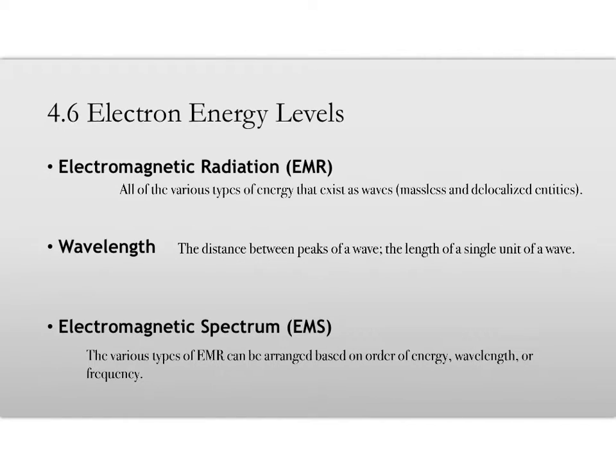Wavelength is the distance between peaks of a wave. It is the length of a single unit of a wave. The electromagnetic spectrum is the various types of electromagnetic radiation that can be arranged based on order of energy or wavelength or frequency. And we will see that in a bit.